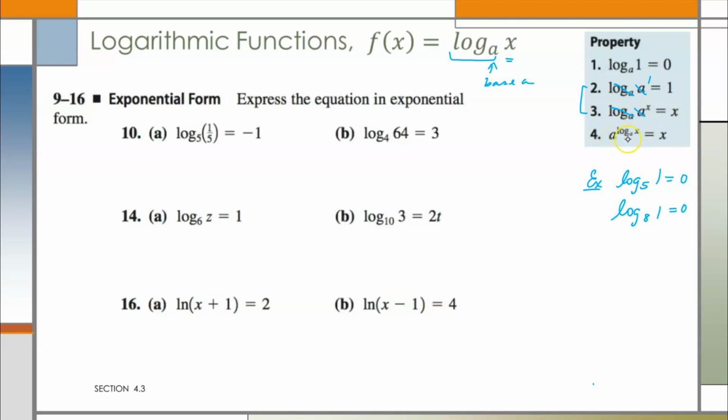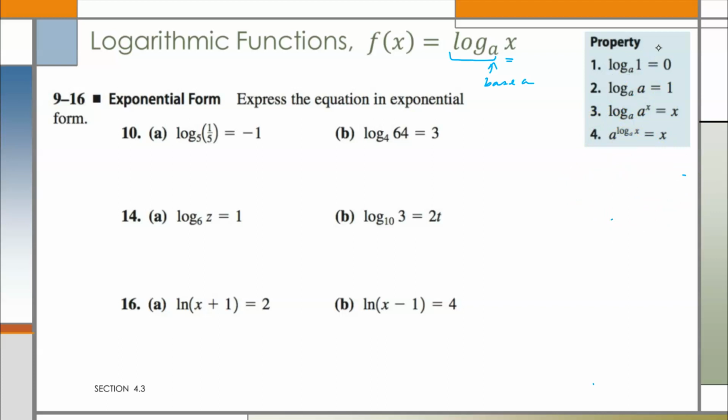Exponential base A of log base A of x, inverse functions, so we get x. How can I undo a logarithm? I do its inverse, exponentiate. If I have an exponent, how do I undo an exponential? I take the logarithm of the same base. That's what we want to think of when we're doing logarithm properties.